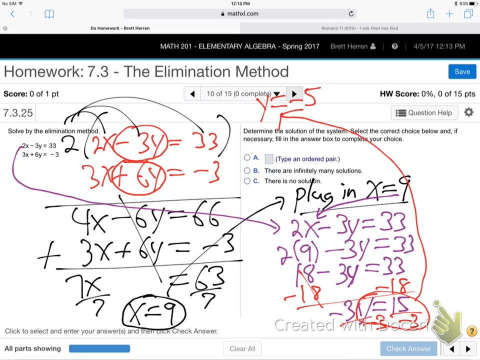So y is minus 5. Did you get that okay? So then the answer is 9 comma minus 5, x comma y. We good? Questions I can answer? All right.